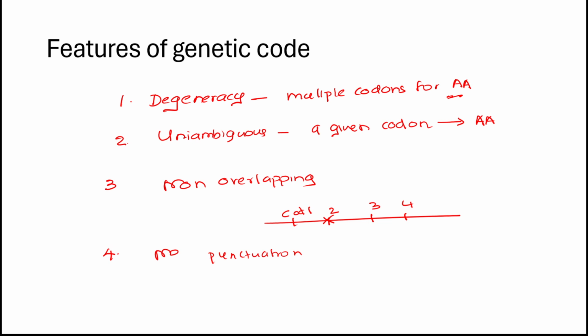So if by any circumstance a single nucleotide becomes deranged or undergoes mutation or is inserted or deleted, during the process of translation you will never be able to identify that. Therefore, there is a possibility that mutations could be carried out. There's a specific thing called frameshift mutations, which occur because there is no punctuation. So again, an important criterion that you see in the genetic code. So: degeneracy, uni-ambiguity, non-overlapping, and no punctuations.